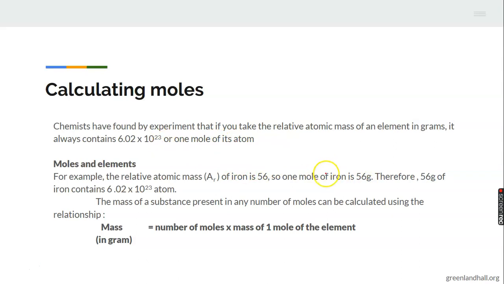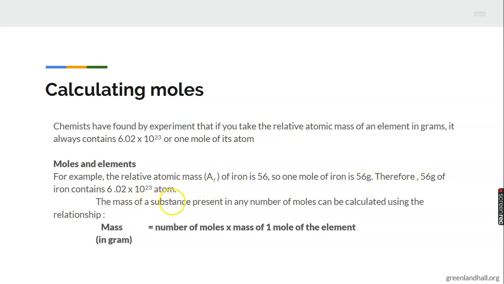Therefore, 56 grams of iron contains 6.02 times 10 raised to power 23 atoms. Do you understand? Always know that relative atomic mass carries no units, but when you are talking of reacting mass or actual mass, there are always units there.